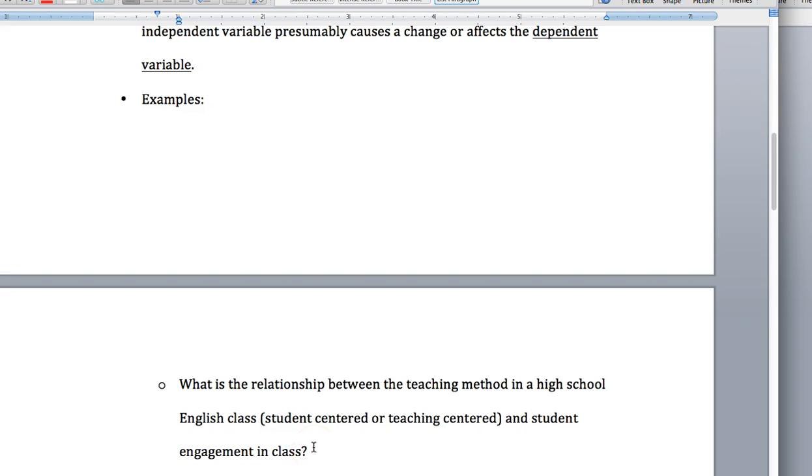Okay, so the constant would be something that everybody has regardless of the teaching method. So they would all be in a high school English class.